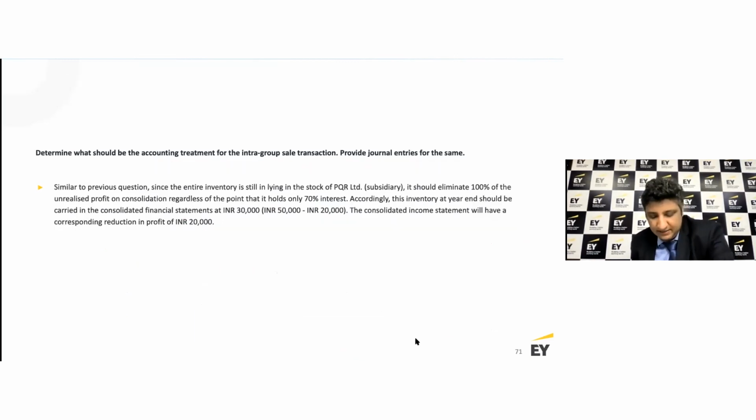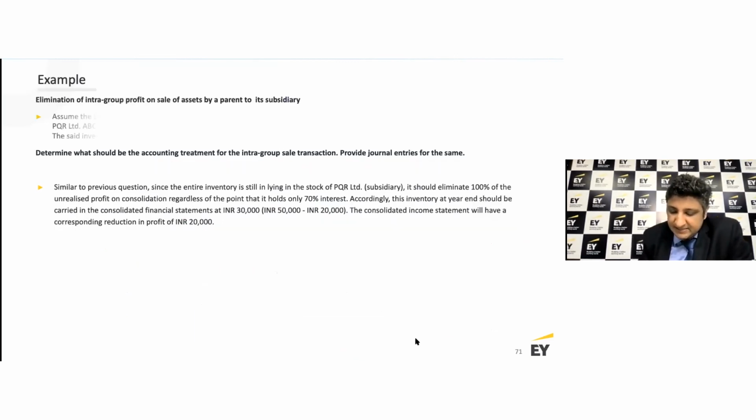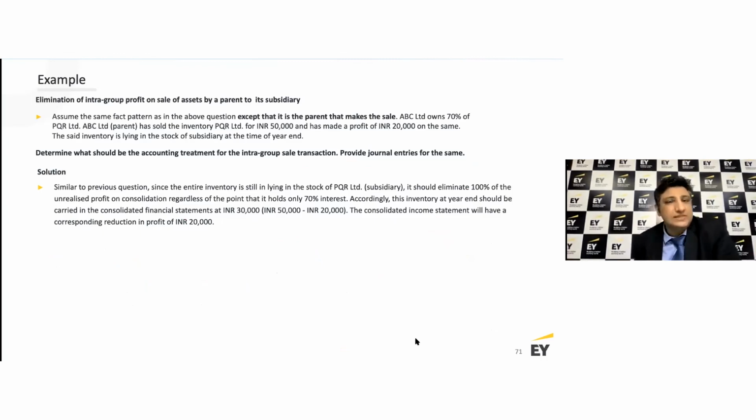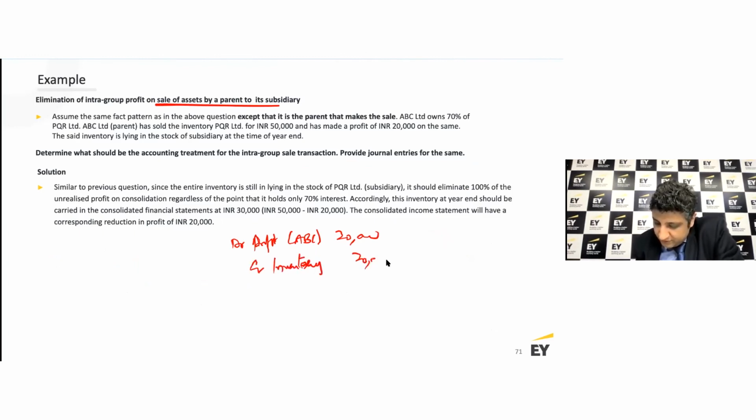Let's have a look at the other question. It says that now the sale is done by the parent to the subsidiary. In this case, again, the parent's profit shall be reduced and the inventory shall be reduced to the extent of 20,000, apart from the fact that the sales need to be reduced by 50,000 and the purchases also need to be reduced by the same amount.